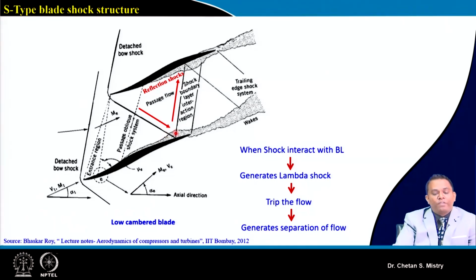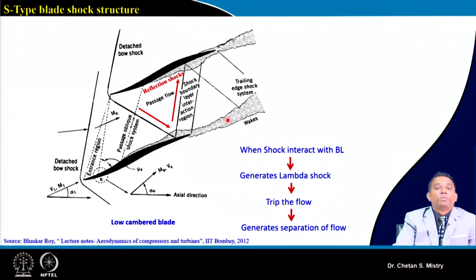And you know, when we have this shock boundary layer interaction, we will have the trip of flow, and that will lead to formation of wake. Later, near my trailing edge, we will have a thicker wake coming out, and we know this is an aerodynamic penalty. We can say this will lead to profile losses.